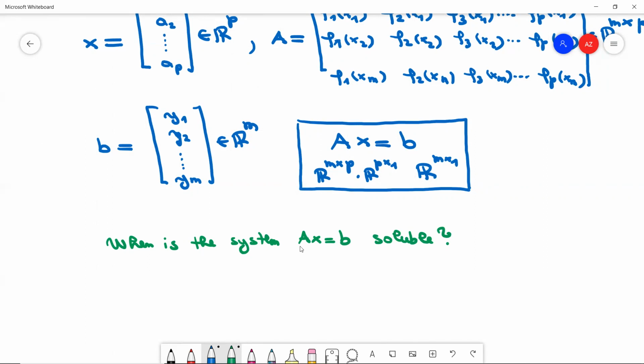So what is this crucial condition which tells us when we will have a solution and when we won't have a solution? Can you try to think about it, and I would ask you to unmute yourself if you know, or just write in the chat.